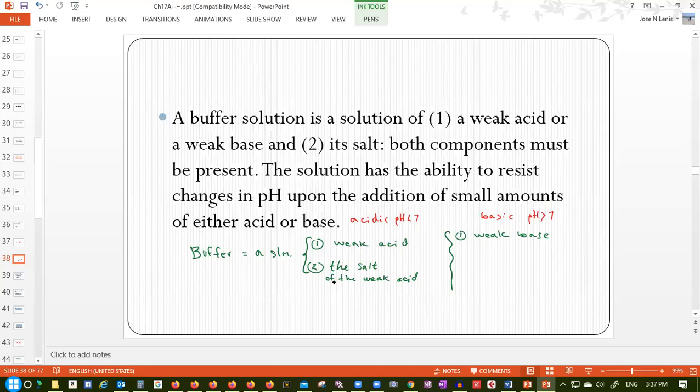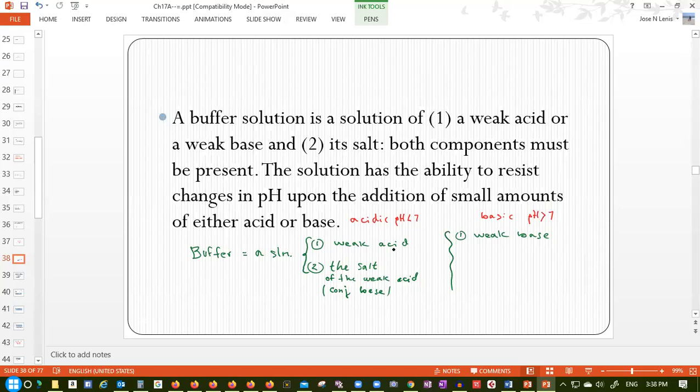And how do we call the salt of the weak acid? Do you remember? I mentioned it before. That will be the conjugate base of the weak acid. So this is a requirement in order to achieve the properties of a buffer solution. That's how you make a buffer.